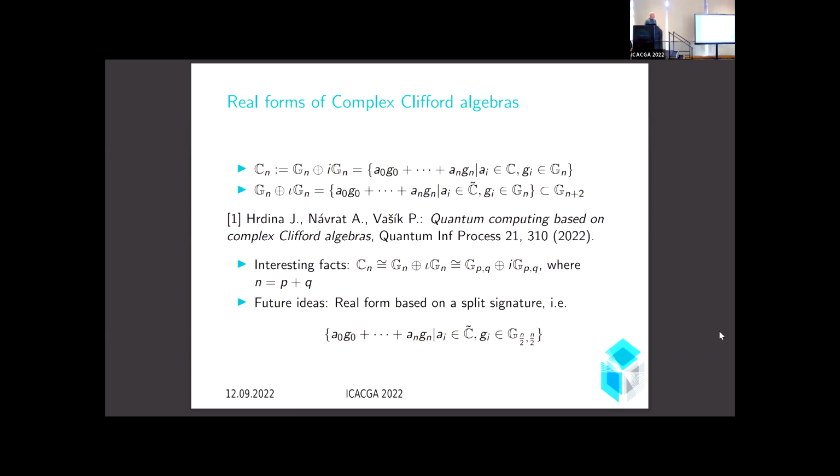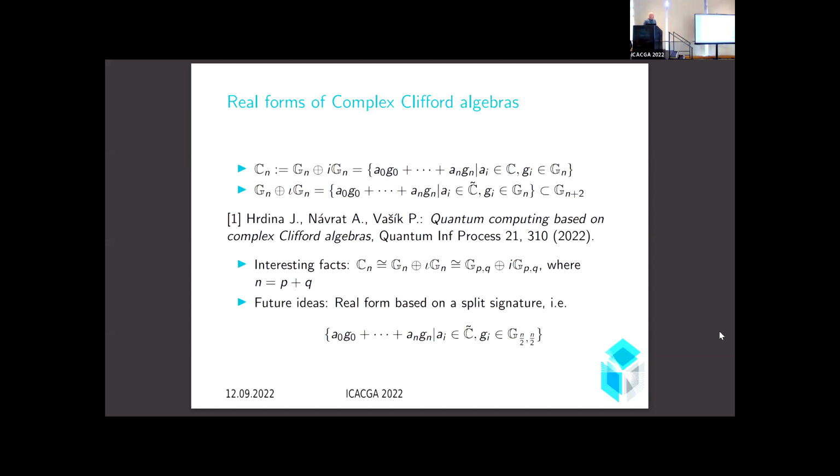Now, if you look at it again, the complex Clifford algebra can be seen as the direct product Gn plus iGn. In the same way, it can be seen as a linear combination of the elements from Gn with coefficients from C. Our quantum register algebra can be seen as a linear combination of the elements from the same geometric algebra with coefficients from C tilde.